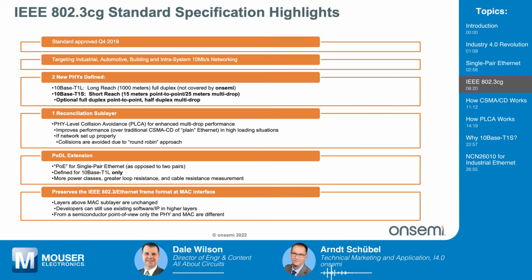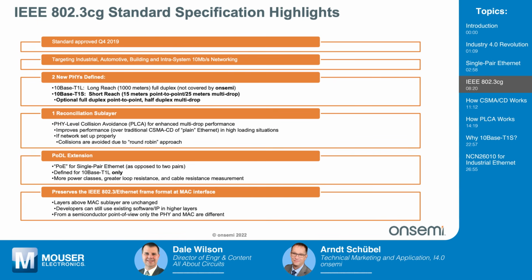So let's have a look at what the IEEE 802.3cg actually looks like. The standard got approved in late 2019, pretty much at the end of the year in Q4, and it was targeting industrial, automotive, and building technology systems, providing 10 megabits per second networking.